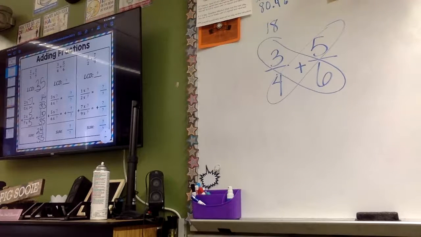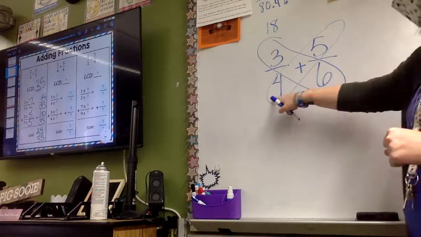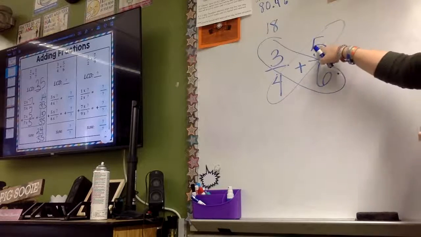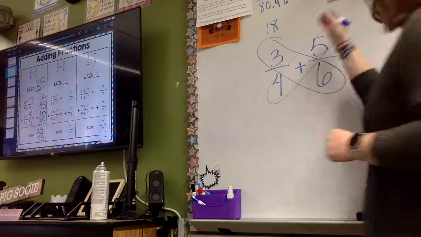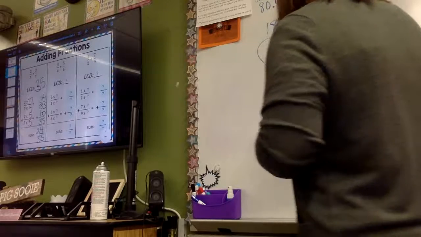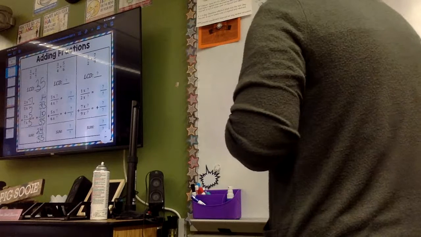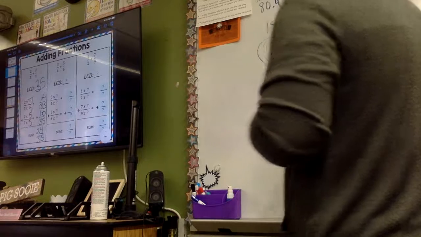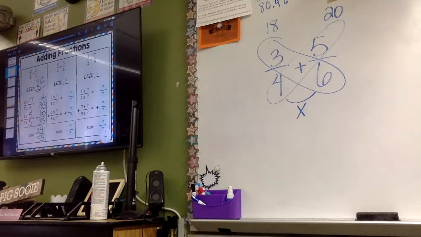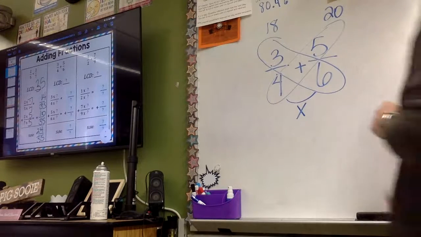Now I'm going to do the same thing to this wing. 5 times 4. 20. And I'm going to write it above that wing. With me so far? Yes. Now I'm going to take my 2 denominators and multiply them, which will give me what? 24.